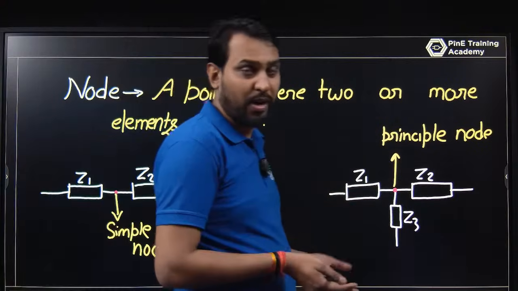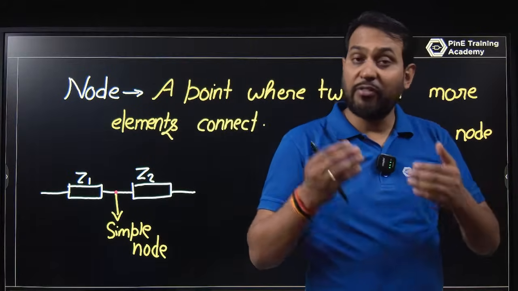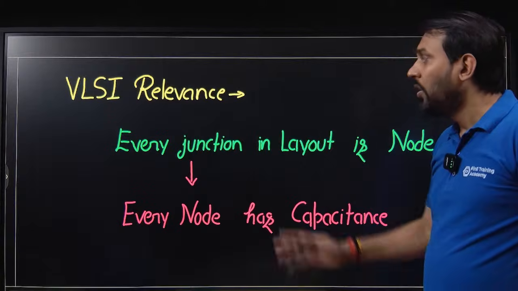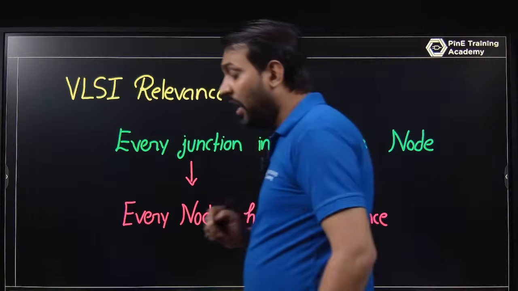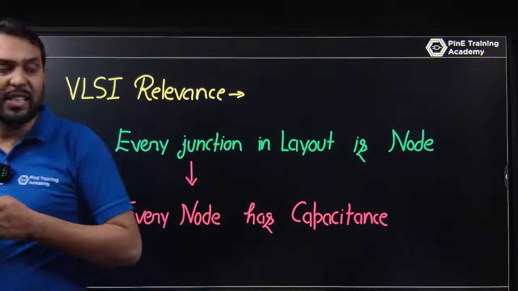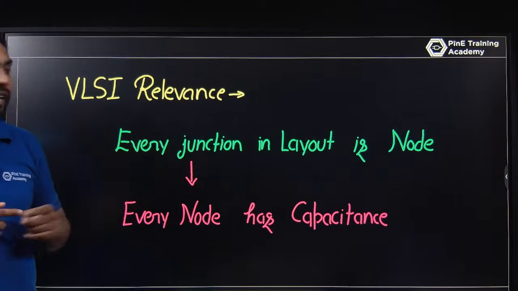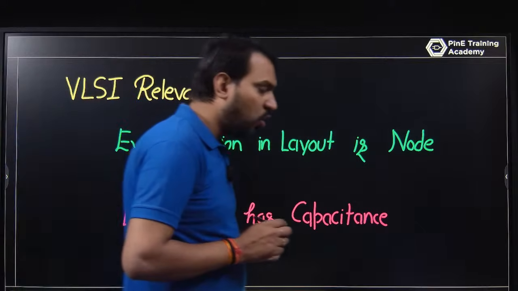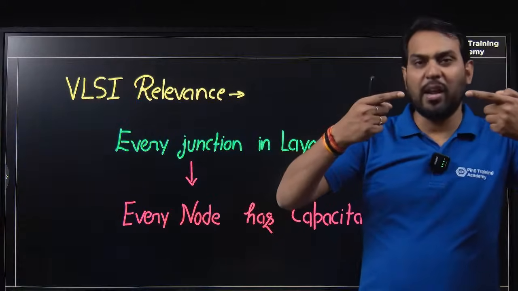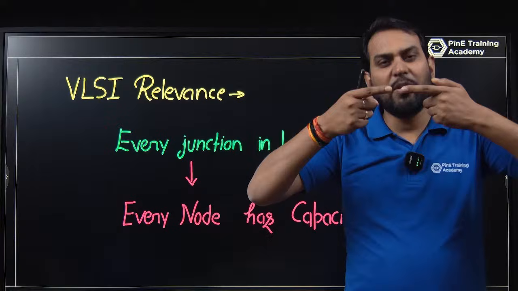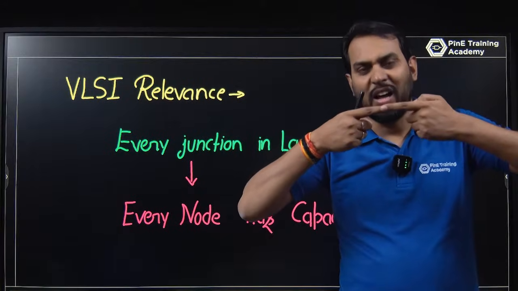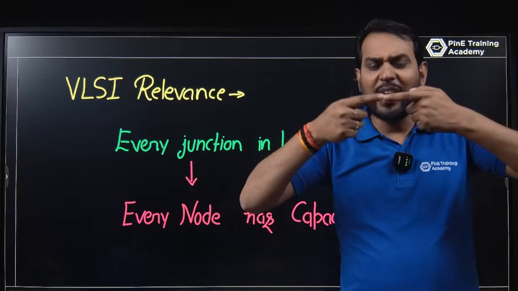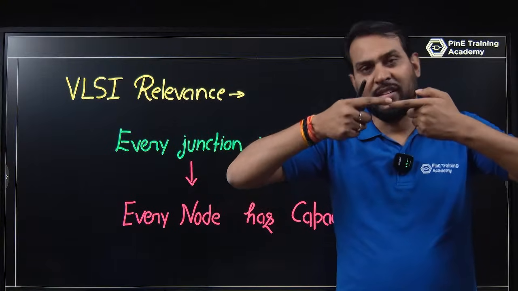Everywhere it is required. So what is the physical significance in the layout in VLSI? The VLSI relevance is that every connection, every junction in layout is a node. Think in this way: you are connecting one element and another element. Of course, you require a point, that is called a via, or anything you are joining this part, you require a pin, that is called a junction.